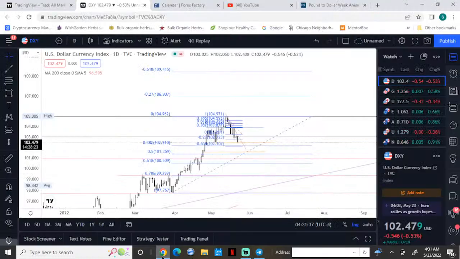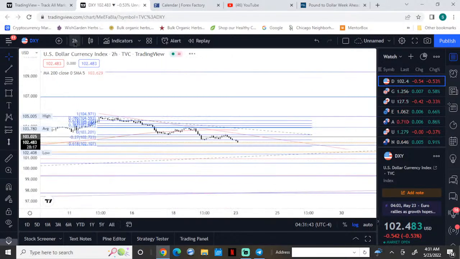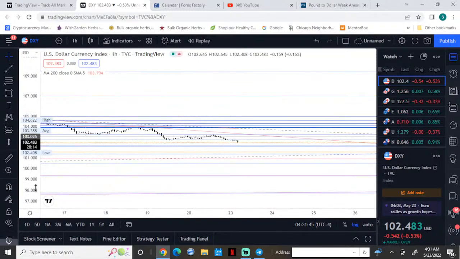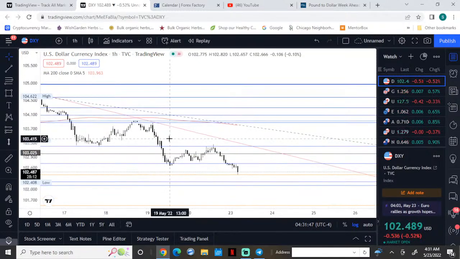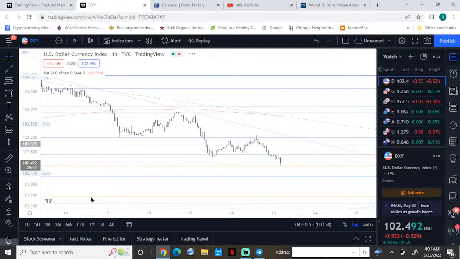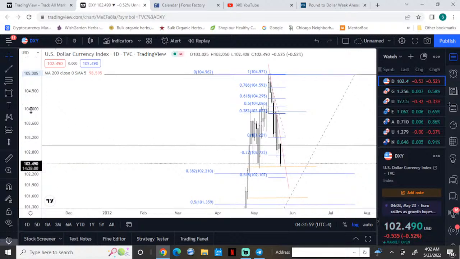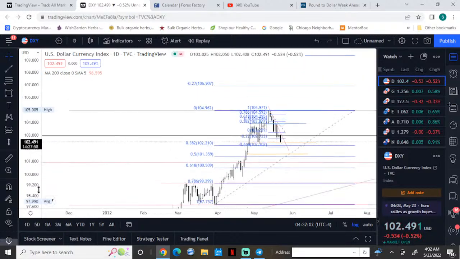I don't want to keep this fib on because when I come down to the 1 hour, which is what I mainly trade off of, now I got all these extra lines. These other lines are enough. My support resistance zones and trend lines are enough. I don't need this extra fib going on. So I'm gonna remove it just because I know what's going on.